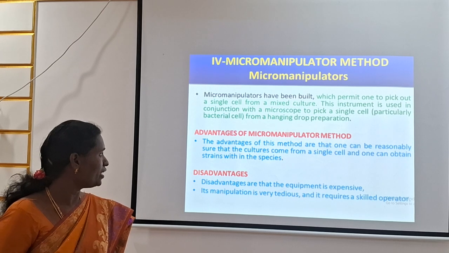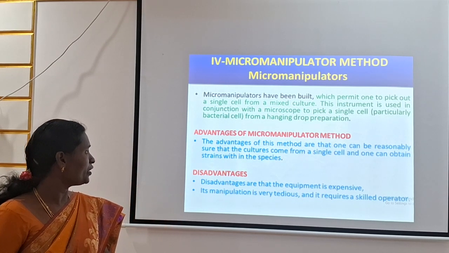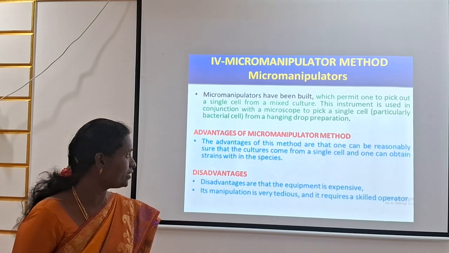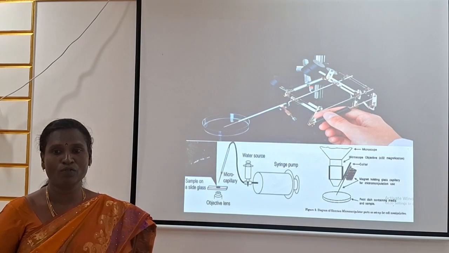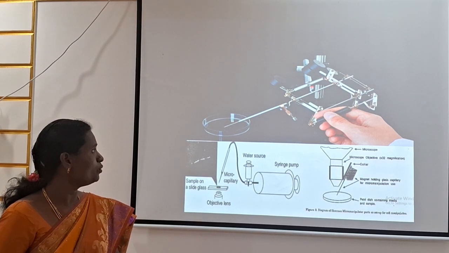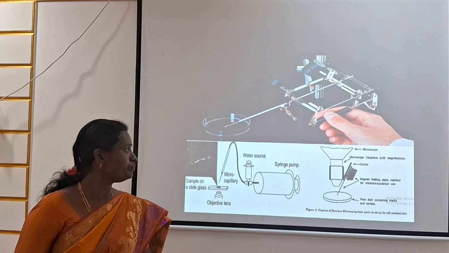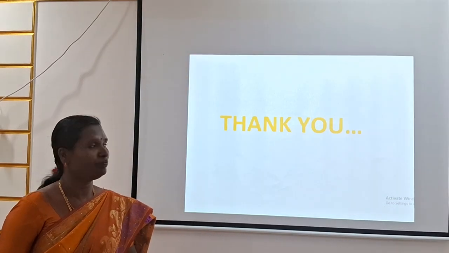However, the equipment is expensive, its manipulation is very tedious, and skill is required for operation. This is how to pick up the colonies with the help of the micro manipulator instrument. Thank you.